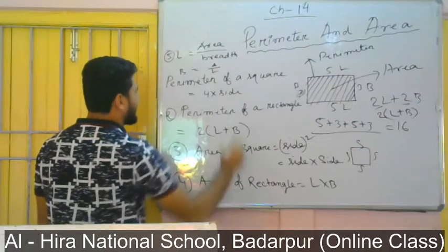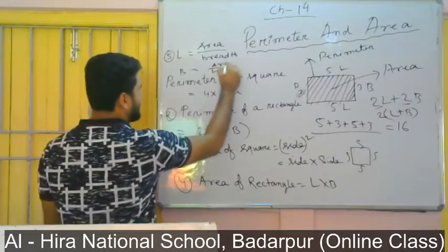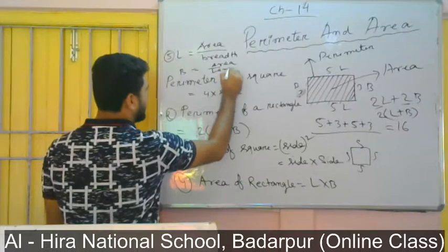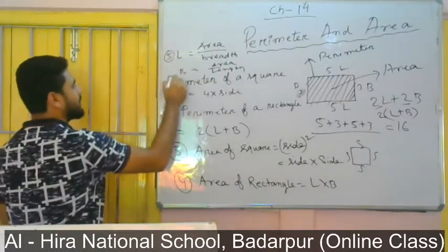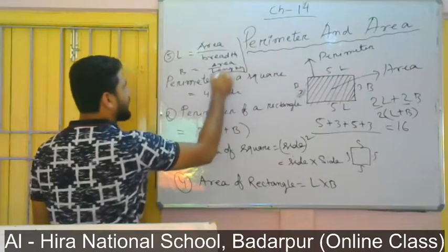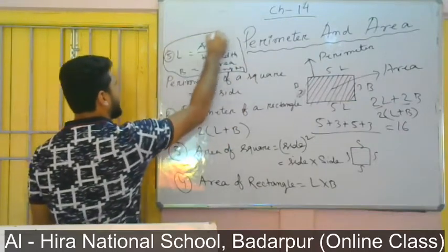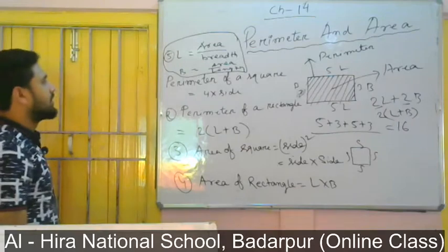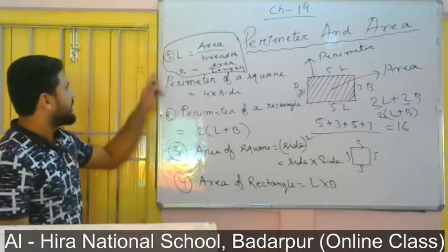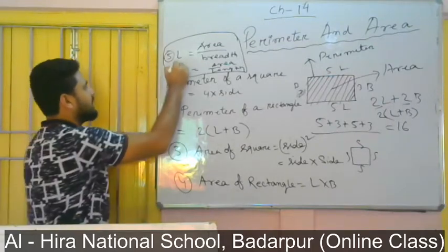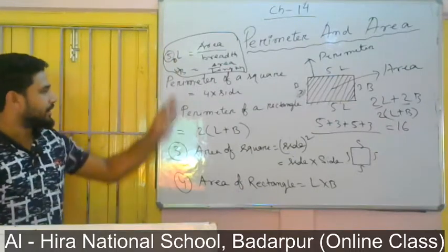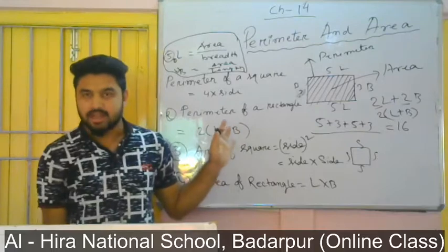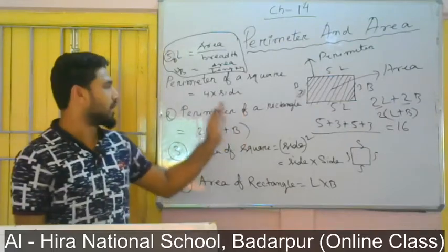Area by length. Okay. L for length, B for breadth. Okay. These are 2 additional formulas. Okay. So there are five or six formulas you have to use in exercise 14A to solve the problems.